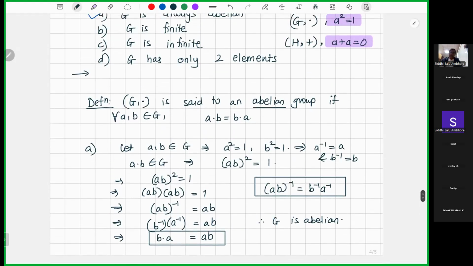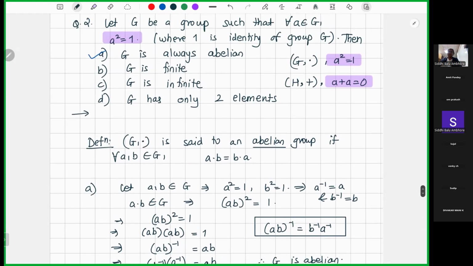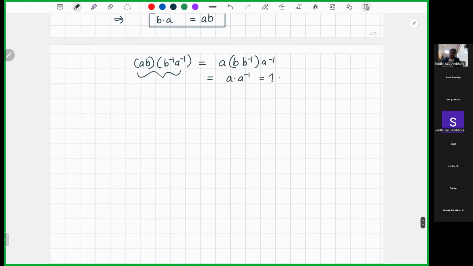So do you have any example, or is it always the case that if this condition is satisfied, that A square is 1, then my group G is always finite? Is this true always?